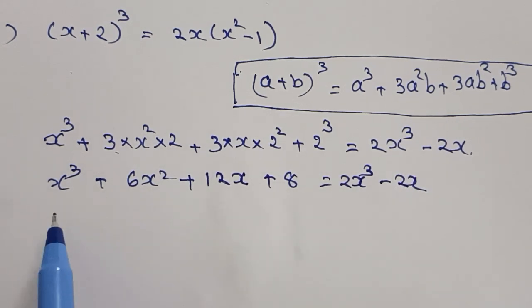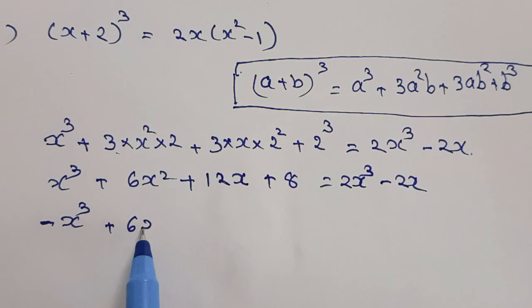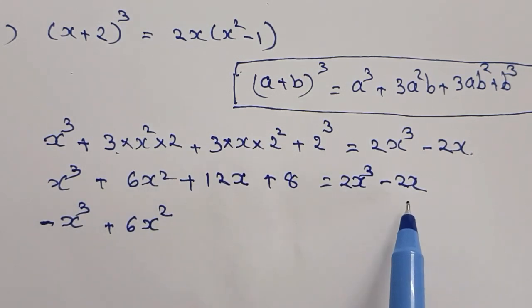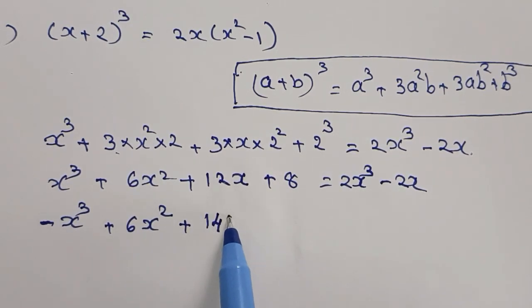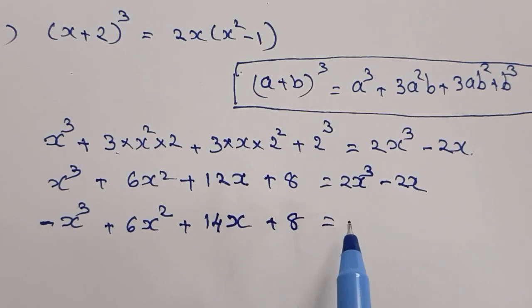Now collecting like terms, x cube minus 2x cube, after subtraction we get minus x cube. There is no other term having x square, therefore only 6x square, plus 12x plus 2x, that is 14x. Now constant, it is 8 only, equal to 0.